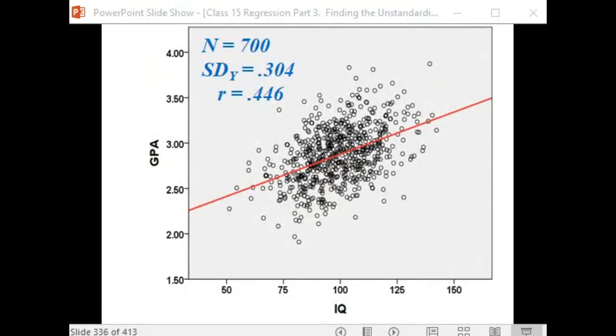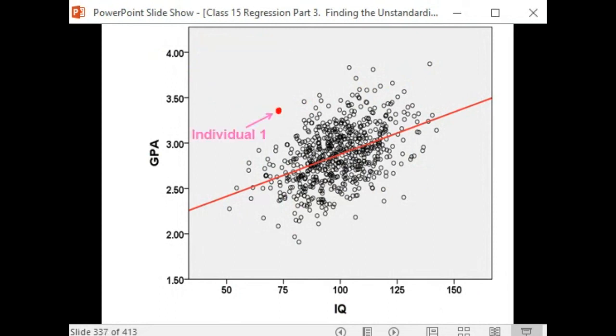So this is the same scatter plot we were looking at earlier. It shows the relationship of IQ scores with first-year GPA in 700 college students. And we're going to use it to demonstrate how predicted error is calculated. First, we're going to calculate the prediction error for individual 1 in the data set, who is represented by this little red dot in the upper left part of the scatter plot.